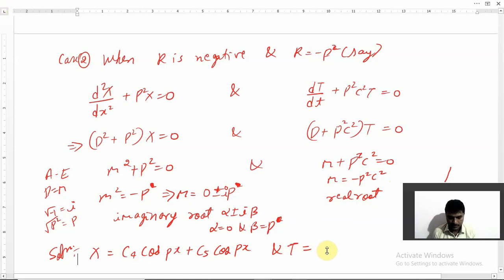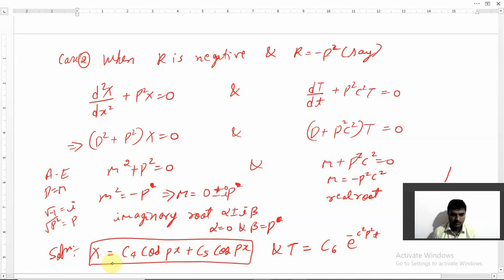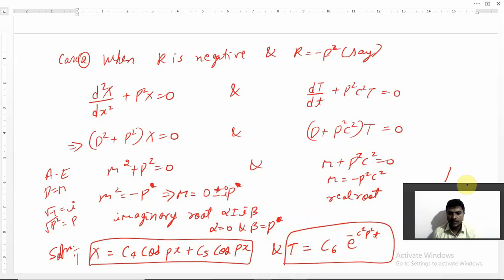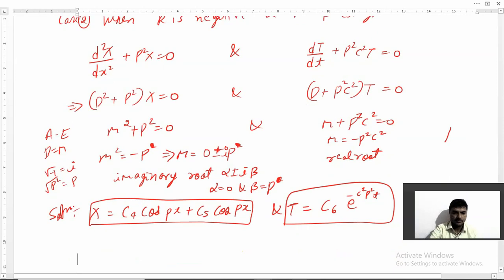It will become t is equal to c6 e raised to minus c square p square t. This is the solution. Is it clear, students? So this is how we get the next solution.